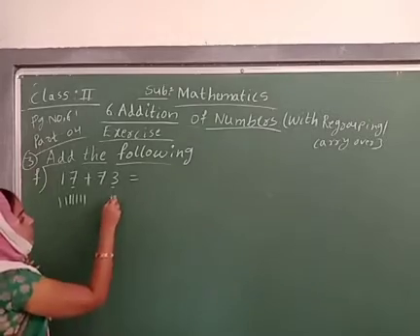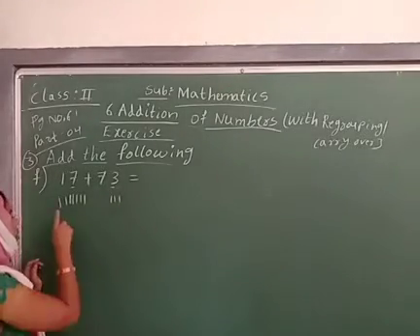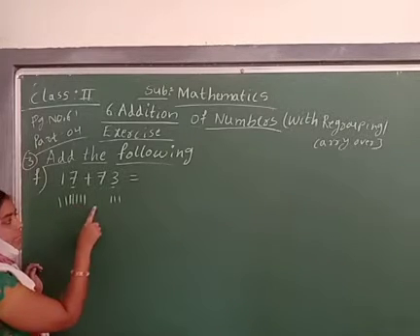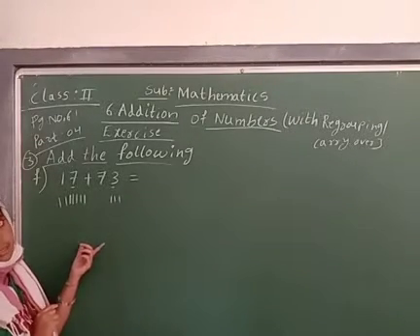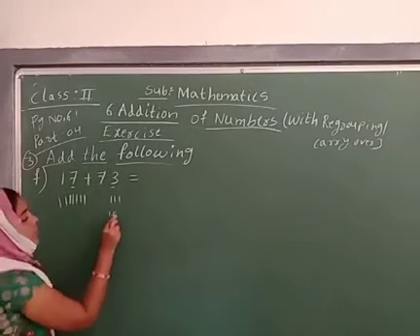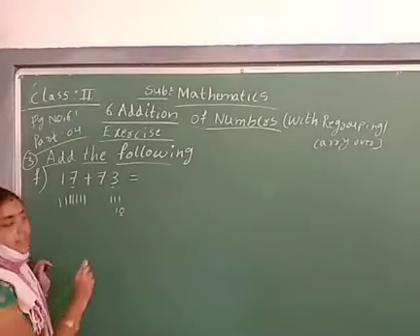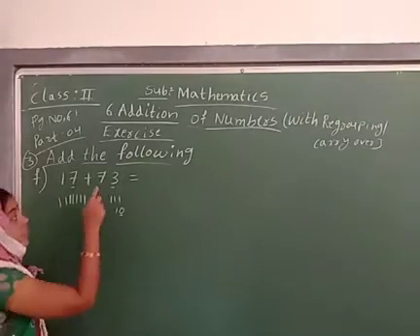Now 1, 2, 3. 7 plus 3, how much, children? Let's count now. 1, 2, 3, 4, 5, 6, 7, 8, 9, 10. 10. So 10 means, observe children, 0 in 1's place, 1 in 10's place. So here 1 is carry.